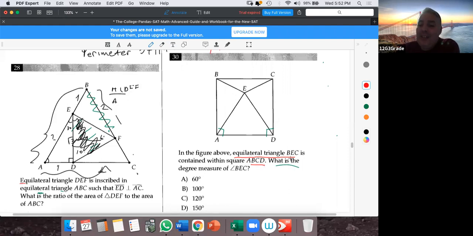In the figure, equilateral triangle BEC. What is BEC? Equilateral means 60, 60, 60. Question is BEC. BEC. Directly 60, finished. No need to do anything. This is an SAT type question.